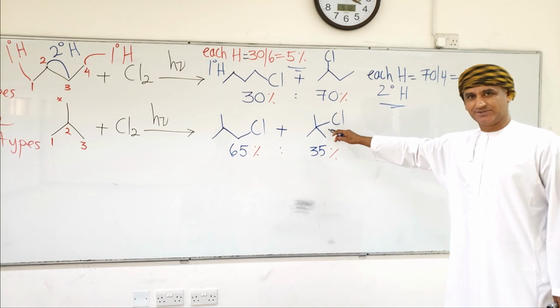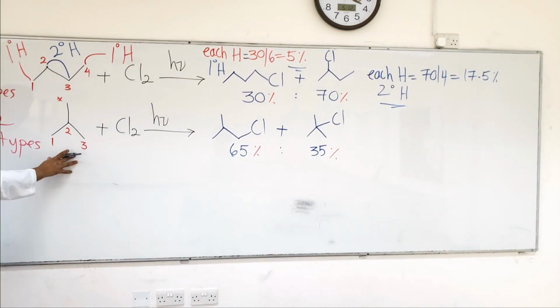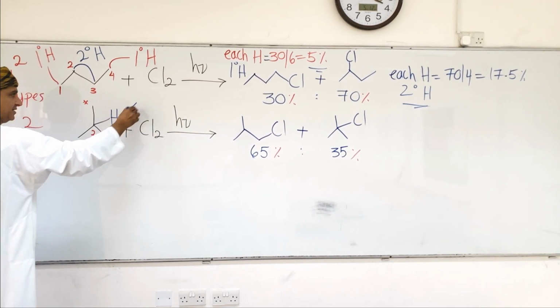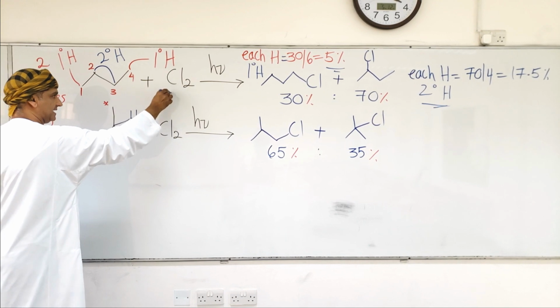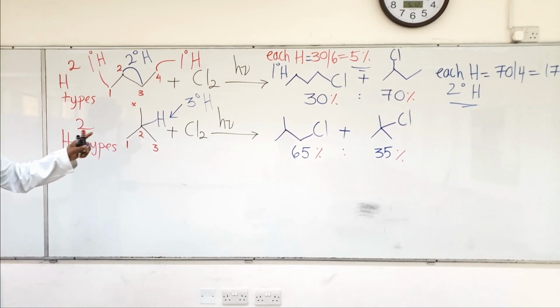If we go back to the structure of isobutane, this hydrogen is labeled as a tertiary hydrogen, and there's only one of them.